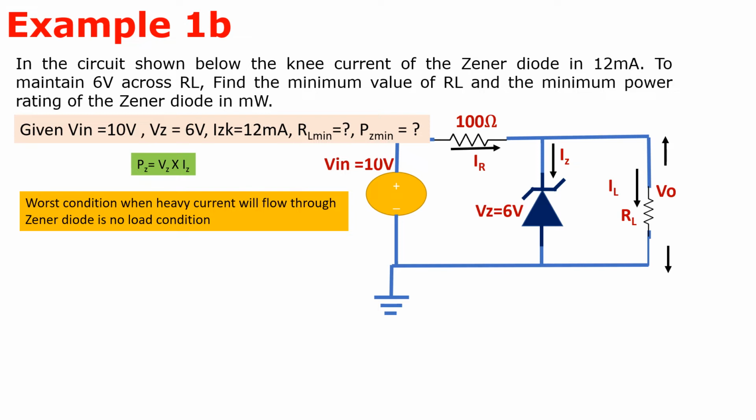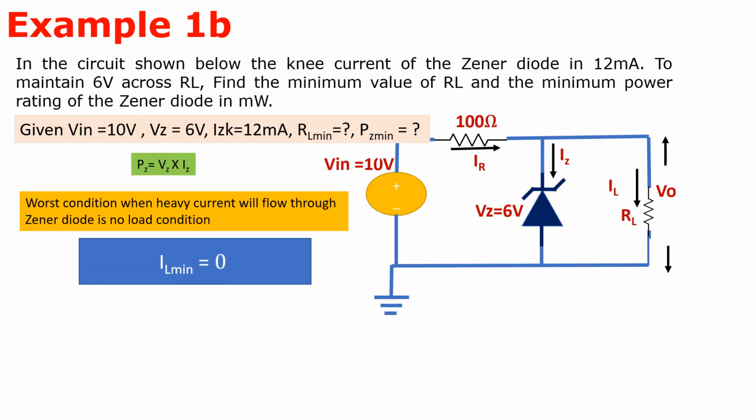Worst condition means we will consider the Zener current that is the heavy current. If we consider the heavy current flowing through the Zener diode, we consider a worst case, that means IL is 0. IL is 0 means RL we are considering to be infinity. So we will consider the no load condition here to get the heavy current value.